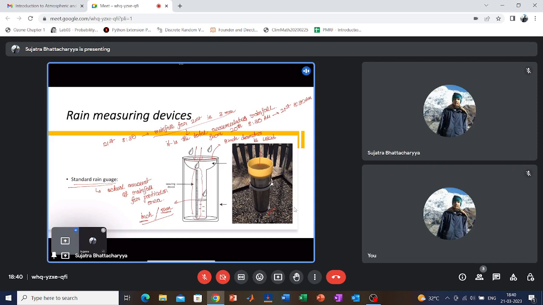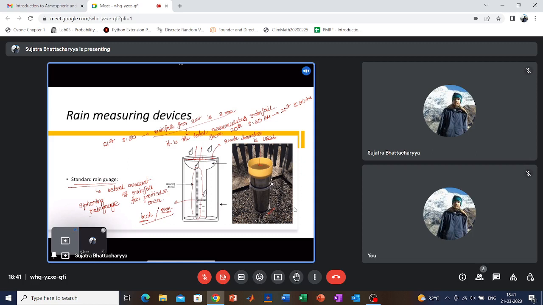Now, in this standard rain gauge, there is another variety, which is the siphoning rain gauge, where when the rain gauge is completely filled, it automatically releases all the water, and again the rain starts falling.